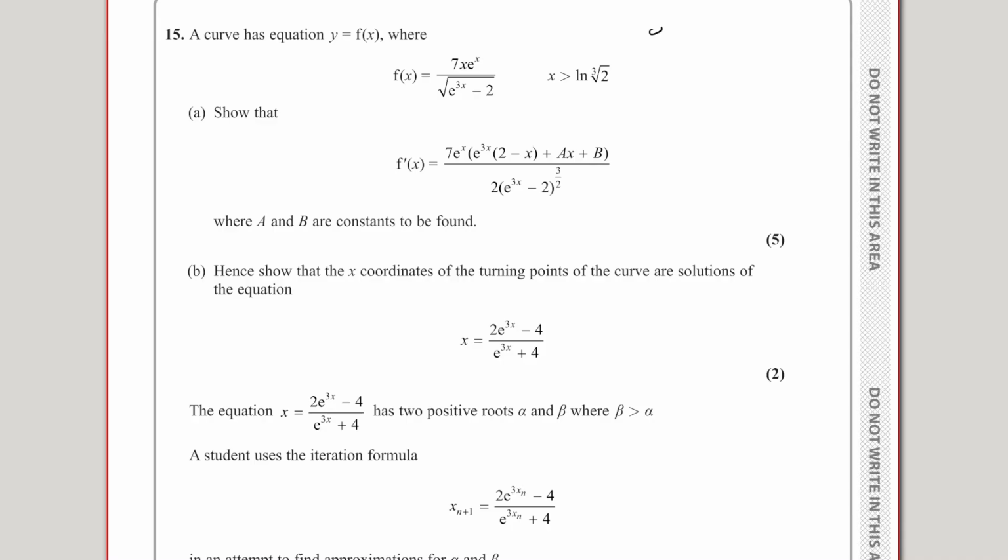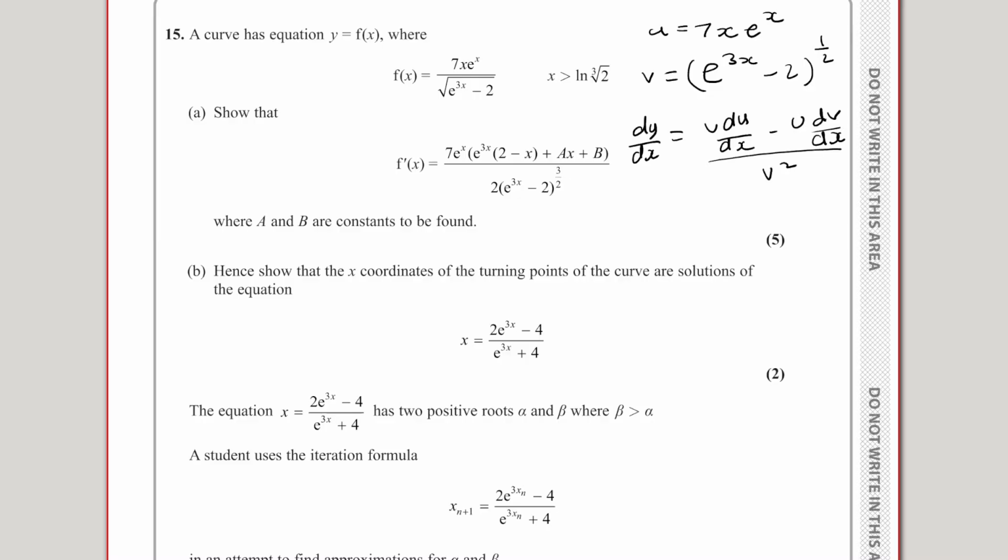So we're going to say that u is 7x eˣ, v is (e^(3x) − 2) to the power of a half, and we're using the quotient rule, which is dy/dx is v du/dx minus u dv/dx over v squared. So we're going to have to differentiate u and v using the product rule and the chain rule, and then put it all into our quotient rule.